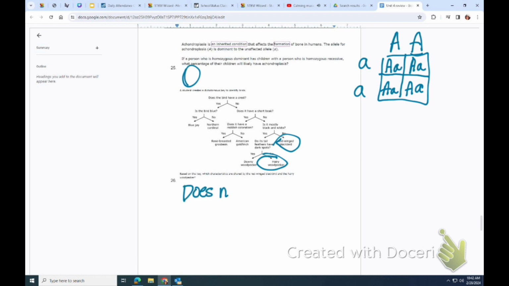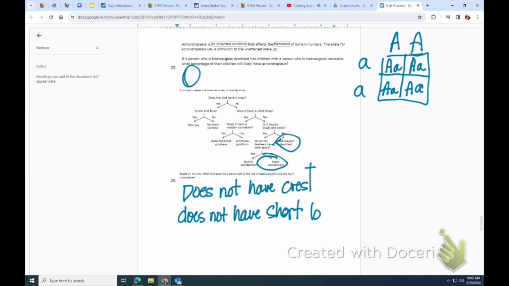Does not have crest. Does not have short beak. And we are getting so close to being done, y'all.